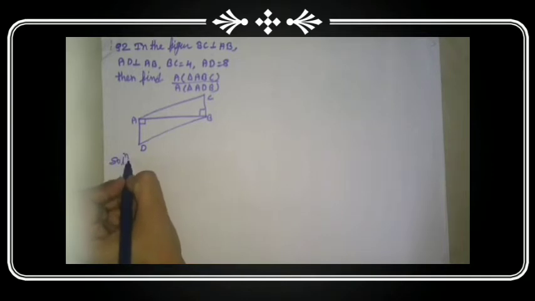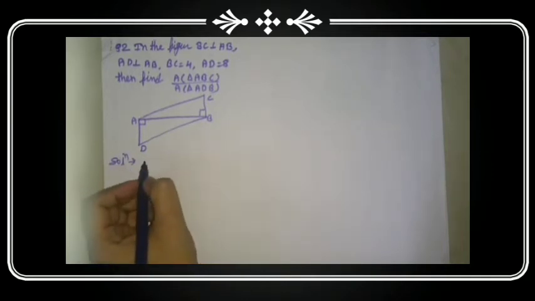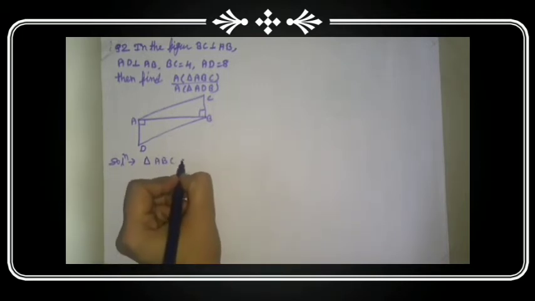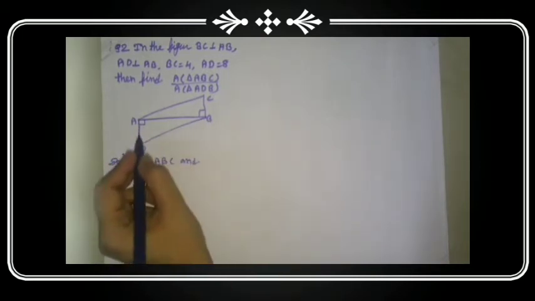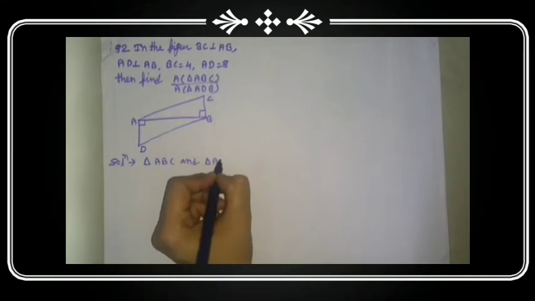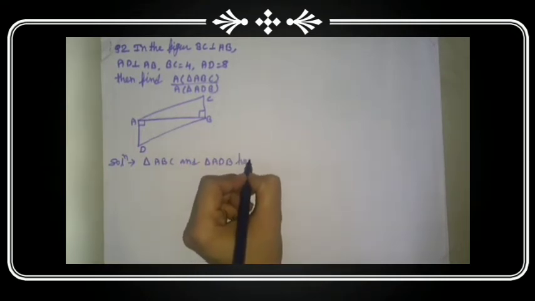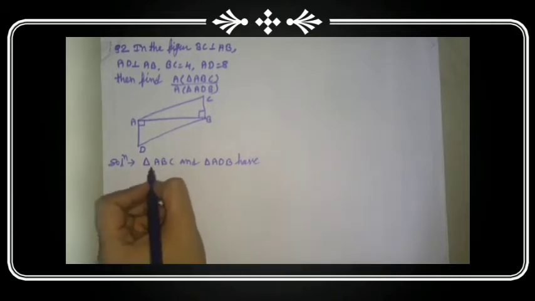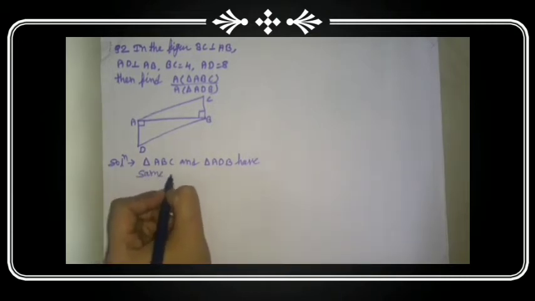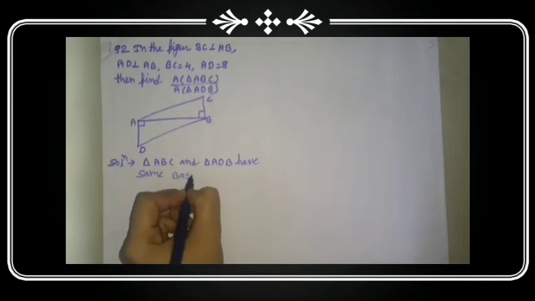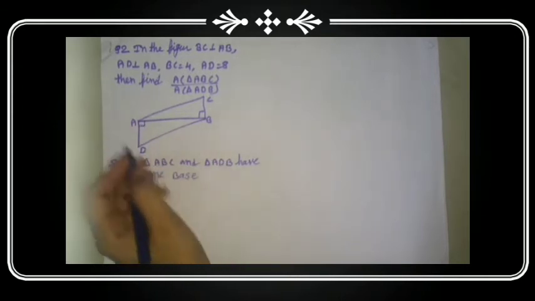Solution. Triangle ABC and triangle ABD have the same base AB.